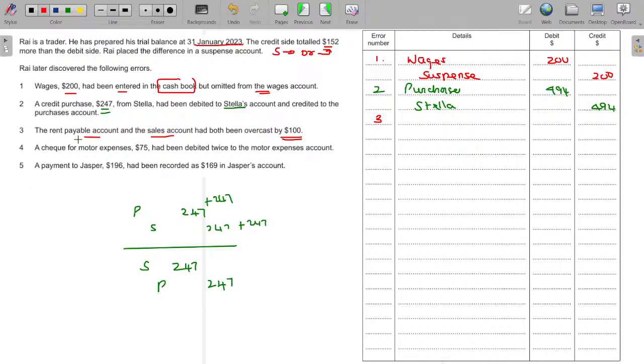Rent payable is a debit, so you have to cancel this by crediting. Sales account is credit, so it should be cancelled by debiting. So sales is debited and rent is credited, the value being 100.